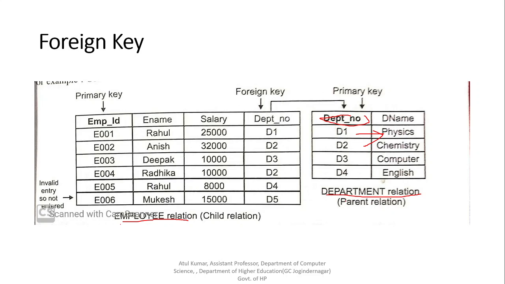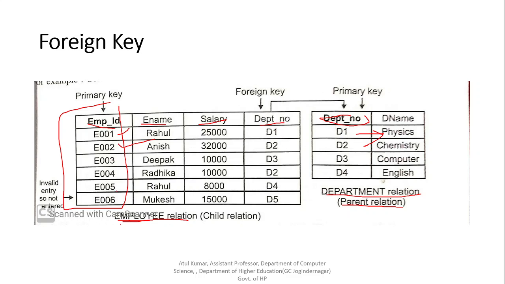The relation that contains a primary key is called the parent relation. There is also the employee relation, with attributes like employee ID, employee name, salary, and department number. Employee ID in this relation is the primary key, as it uniquely identifies each row in the table, and the primary key is also not null.